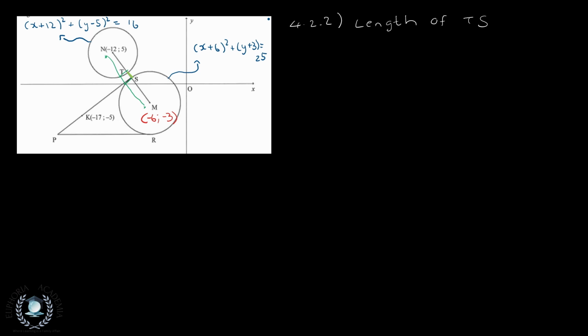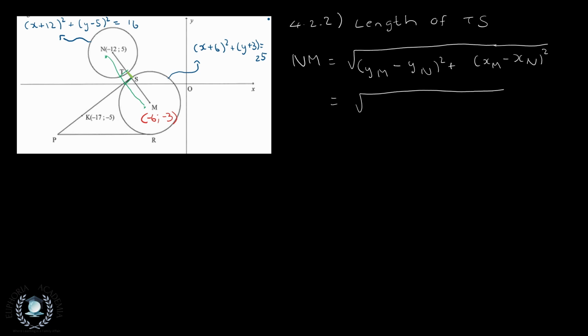At first we're going to use the distance formula. So NM will be equal to the square root of ym minus yn, squared, plus xm minus xn, all squared, and we're just going to substitute what we have.